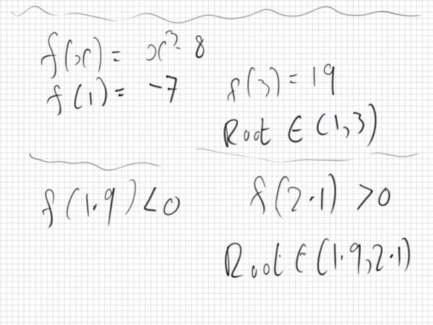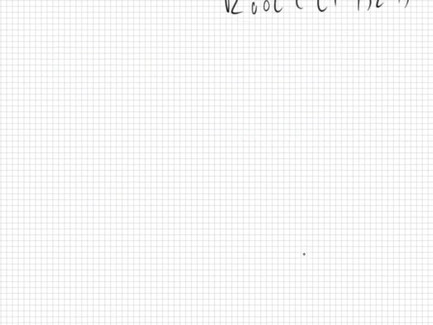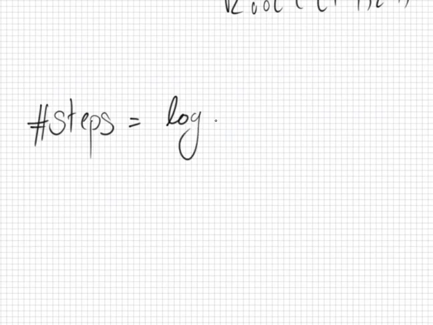So before you start the problem, you could work out how many steps you would need to use the Newton-Raphson formula for. So here's what you might call the number of steps. It's equal to log base 2, and this delta L here means how big your interval is at the start.